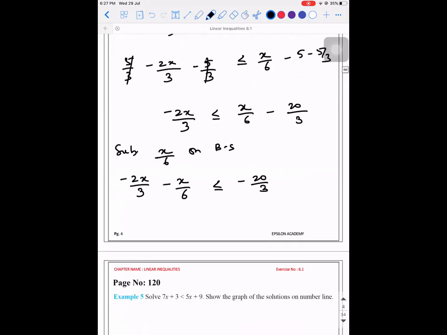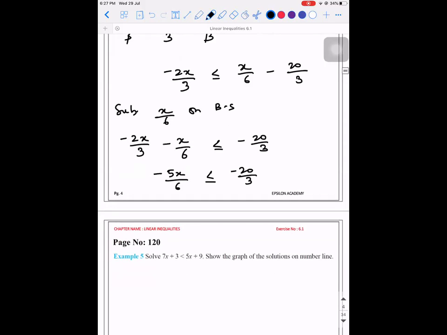Okay. Minus 2x by 3 minus x by 6 is going to be how much? Minus 5x by 6 is less than or equal to minus 20 by 3. Since you have a minus sign, what are we supposed to do? Multiply with minus on both sides. What will happen? 5x by 6 will be greater than or equal to 20 by 3.